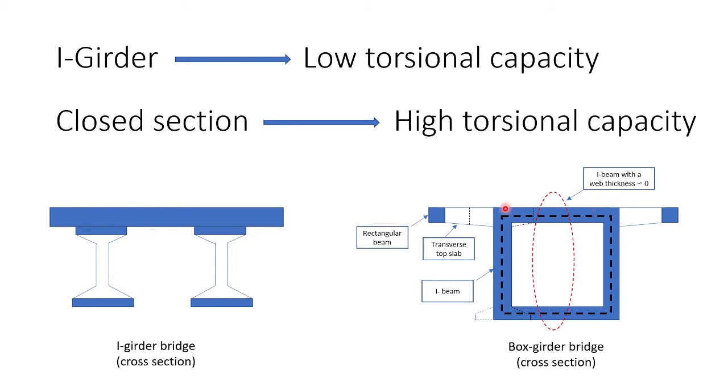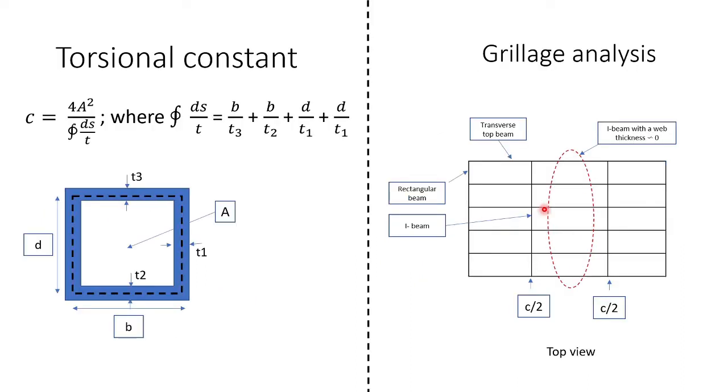That way we can establish an enclosed section for a box girder. By having this shear flow inside this enclosed section, it will ensure that there won't be any torsional deformation. To ensure this, we have to define the torsional constant in the system. For that, we can use this equation to calculate the torsional constant, and manually input it into our model in SAP2000.